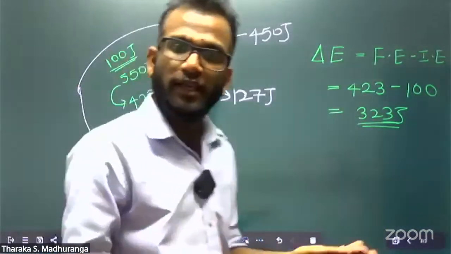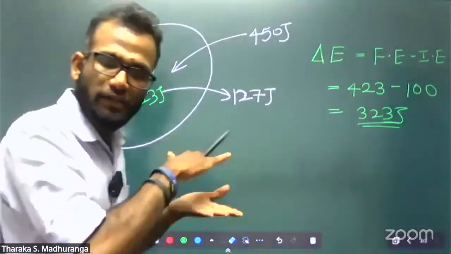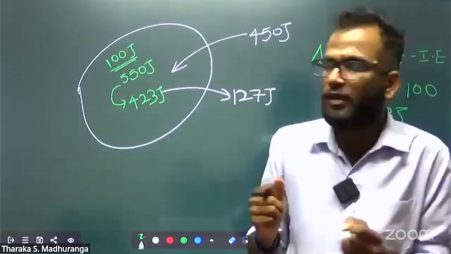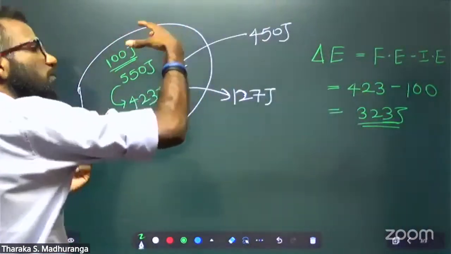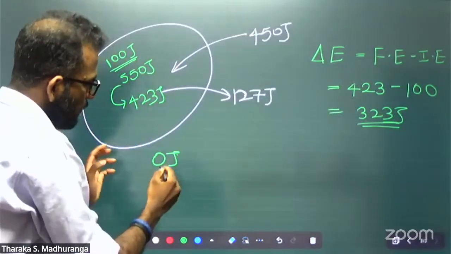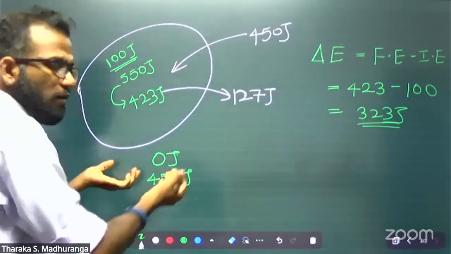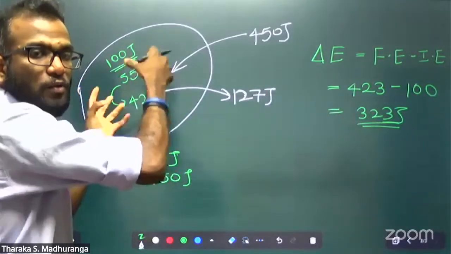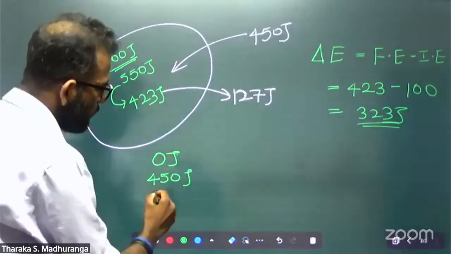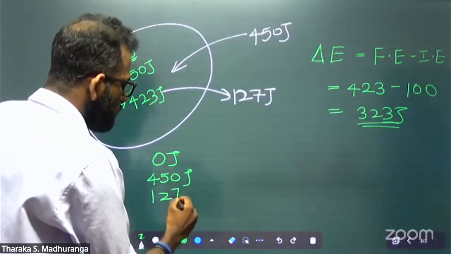This 100 I took as an example. If you want, you can think that initially the energy level inside the balloon is 0. Initially it has only 0 energy. Then 450 joules is absorbed, so the energy level increases to 450 joules. Then the balloon does work of 127 joules, so 127 joules is lost from the balloon.